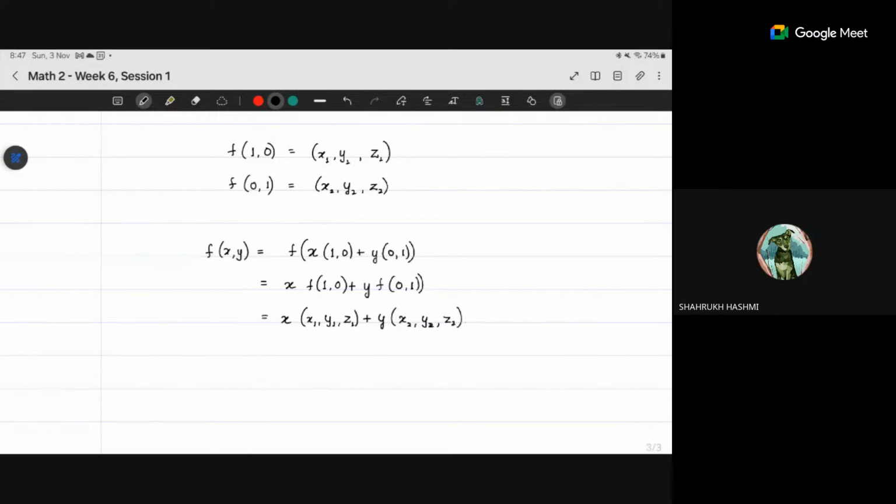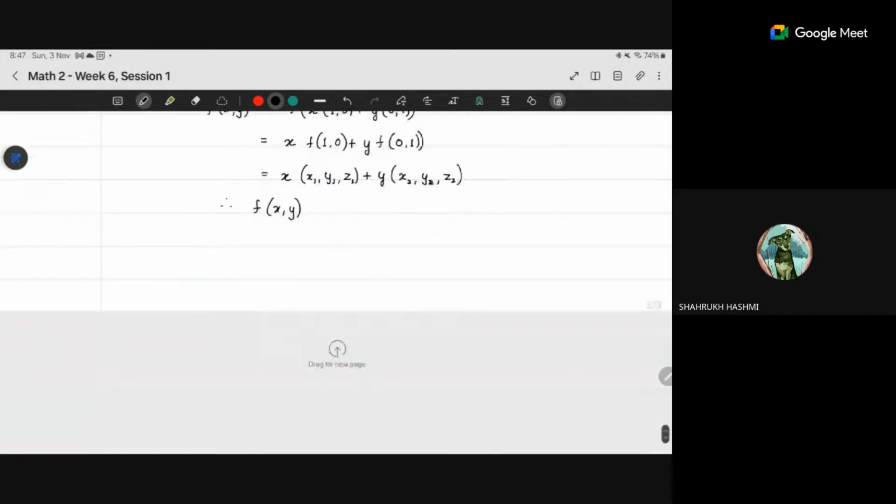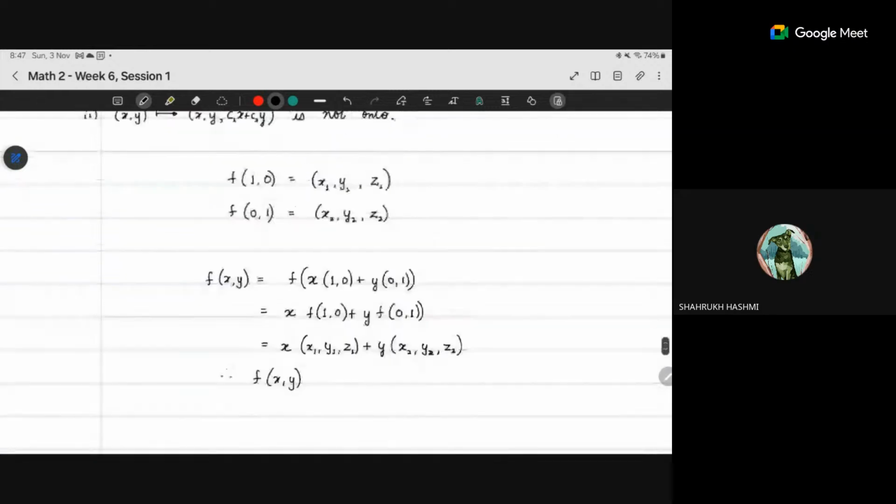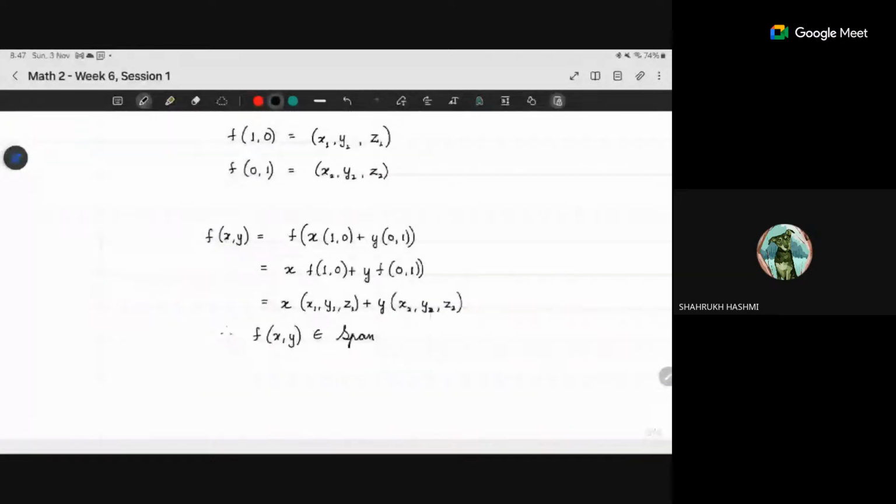A linear combination of two vectors in R3 will always just be a plane through the origin. So there will definitely be vectors not in this plane, right? Yes. So I can say that f of (x, y), irrespective of what (x, y) is, is in the span of (x1, y1, z1) and (x2, y2, z2).